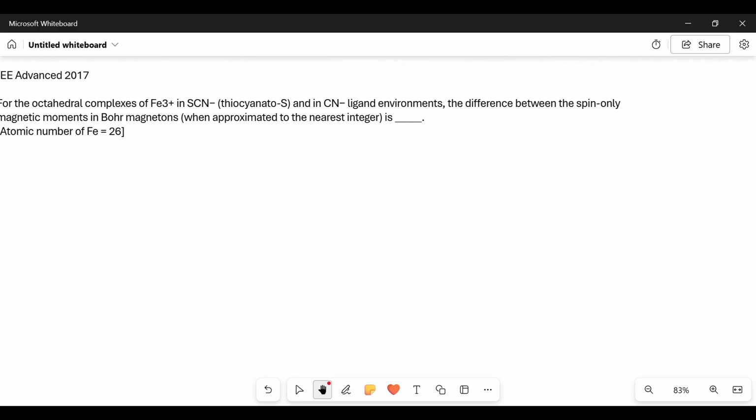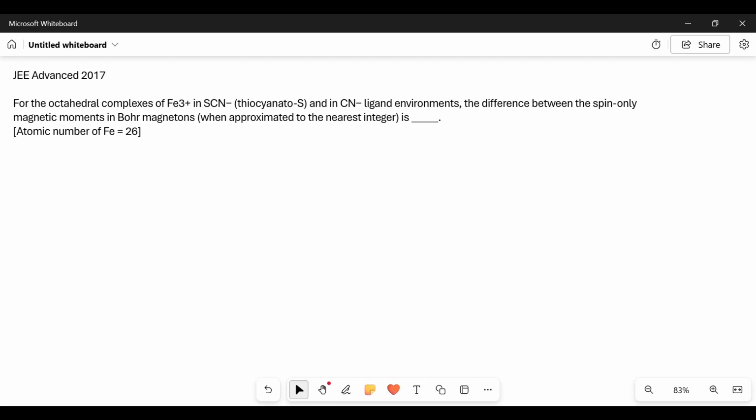The next question came in JEE Advanced 2017. For the octahedral complexes of Fe3+ with SCN minus, thiocyanate, that is sulfur coordinated, and CN minus, this is thiocyanate, and this is cyanide, CN minus. CN minus coordinates through the carbon atom, and thiocyanate through the sulfur atom. You have to find the difference between the spin only magnetic moments in Bohr magneton, to the nearest integer.